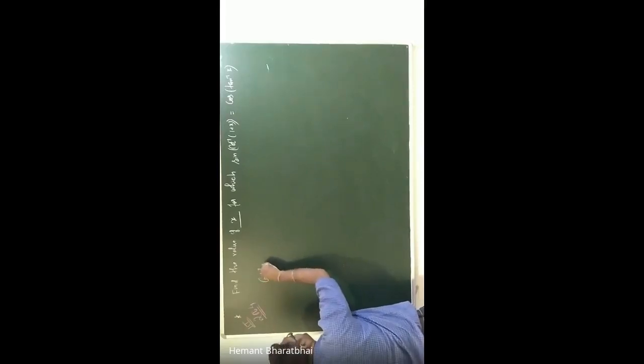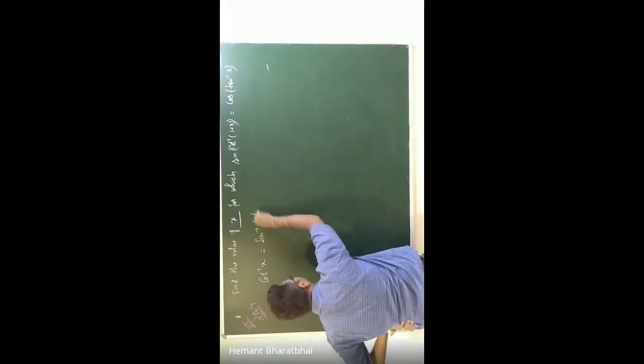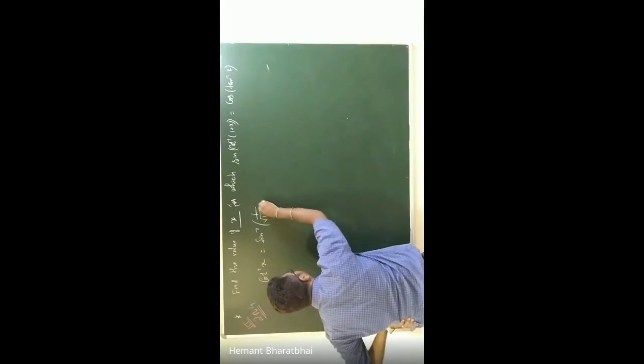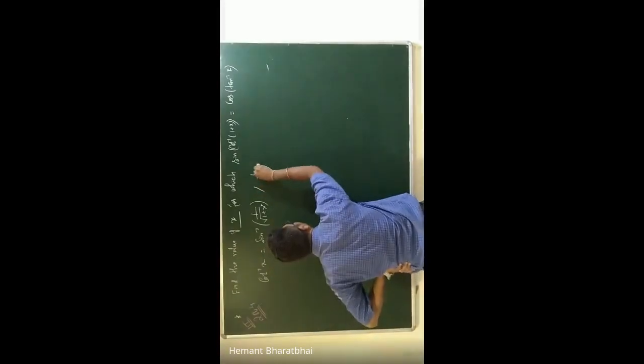So what is the formula of cot inverse of x in terms of sine inverse of x? Do you guys remember? Today when we started the lecture, we started with these formulas only. Cot inverse of x in terms of sine inverse of x can be written as sine inverse of 1 upon under root of 1 plus x square. Similarly, I have to write tan inverse of x in terms of cos inverse.